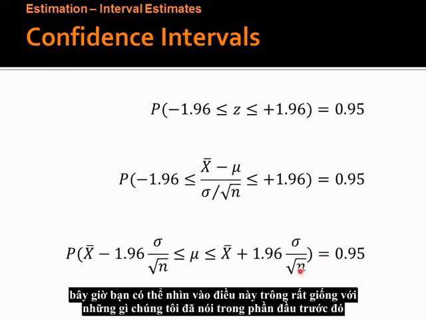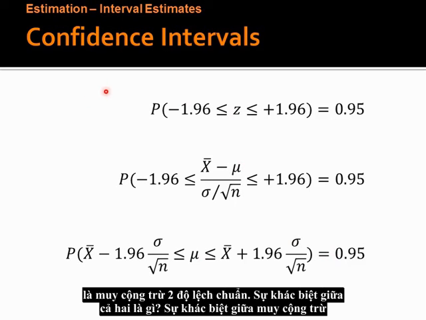Now you may look at this and think to yourself, this looks very similar to what we said earlier in the beginning, which is mu plus minus 2 standard deviations. What's the difference between the two?